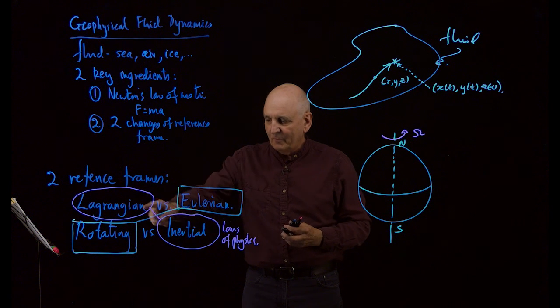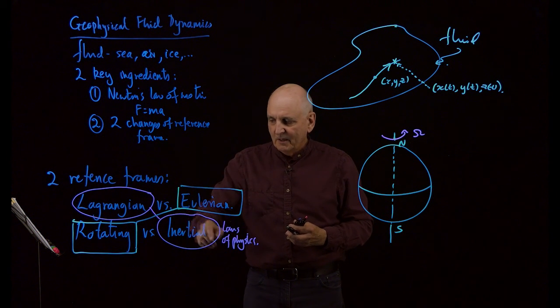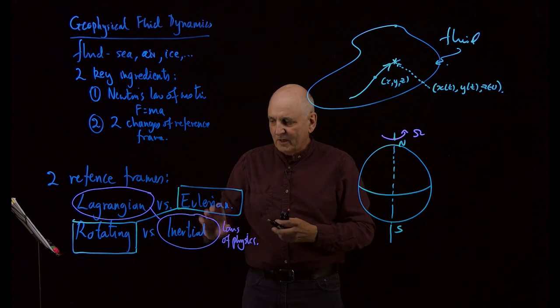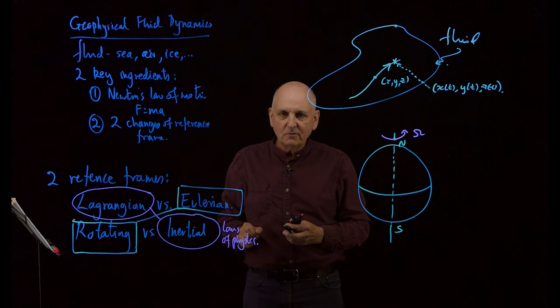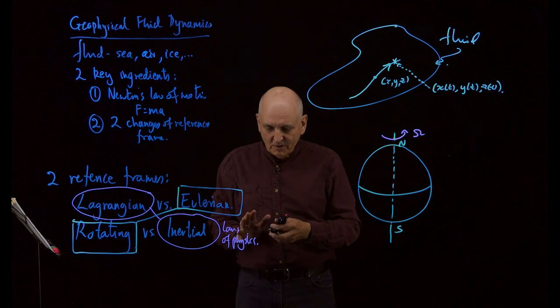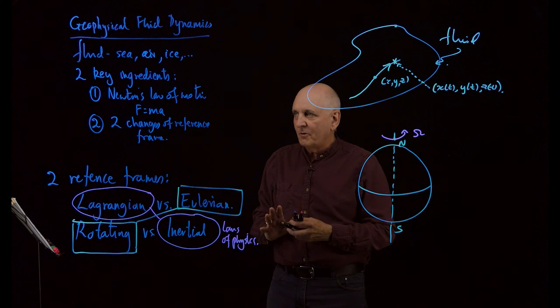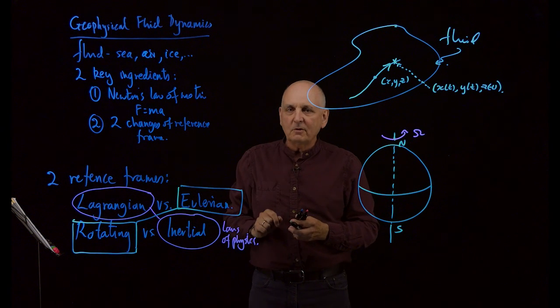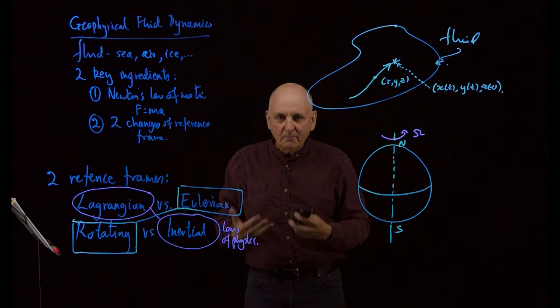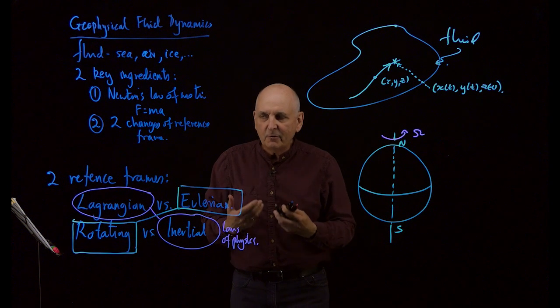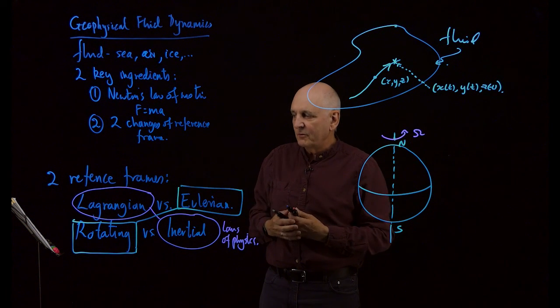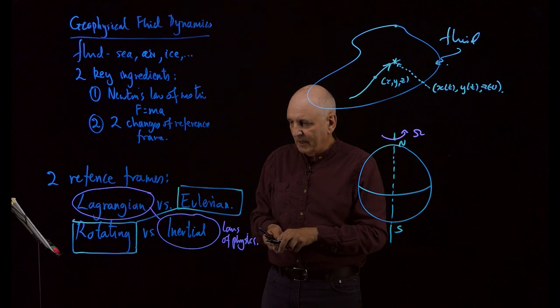So we have to formulate the laws of physics in these two frames and then transform both of them to these two frames. And those are two fundamental processes and transformations of Newton's laws of motion that basically give you what the equations of geophysical fluid dynamics are.